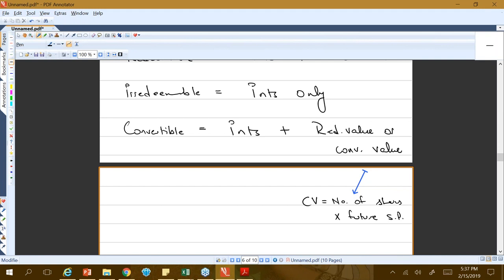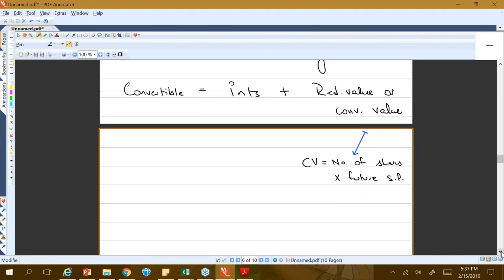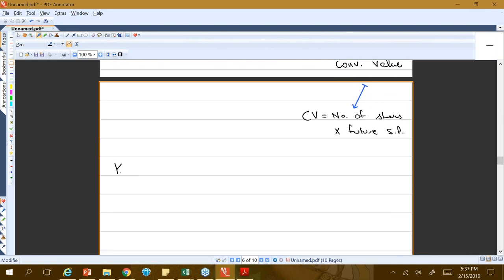Once we're done with this bit and we have thought about the future cash flows, the next thing is to look at the KD. KD is the pre-tax cost of debt.